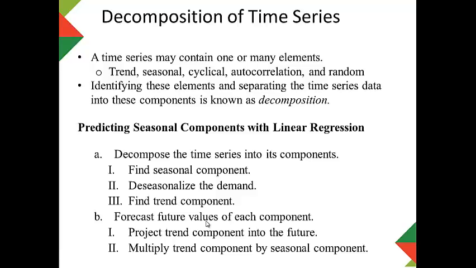This is the overall theme. In the next slide we'll go to the specific details of how to find a forecast for the future that has both seasonal and trend components.